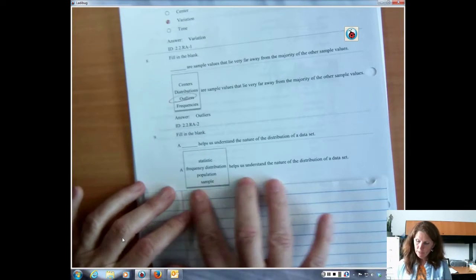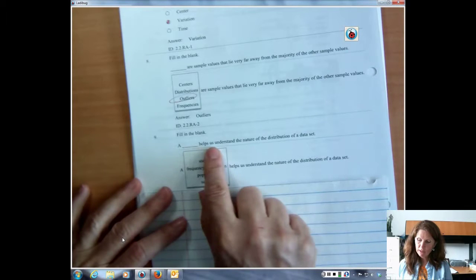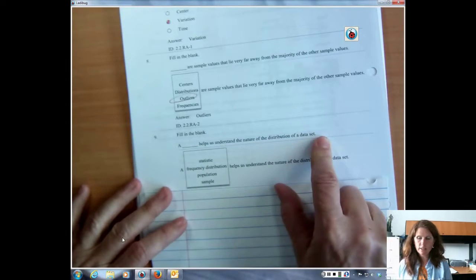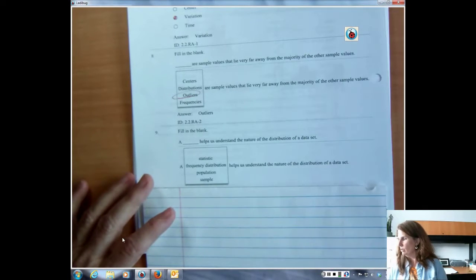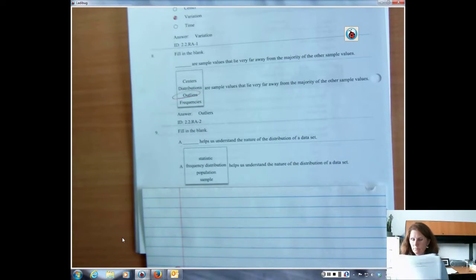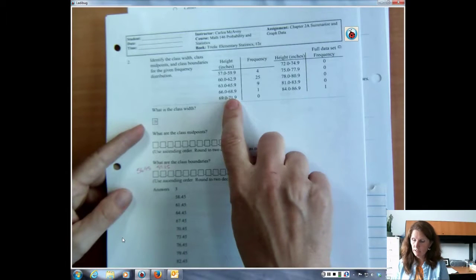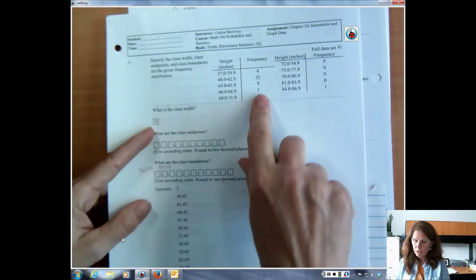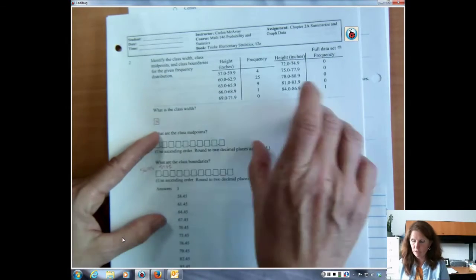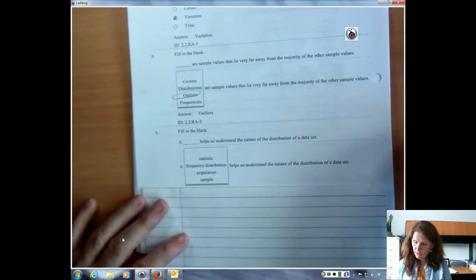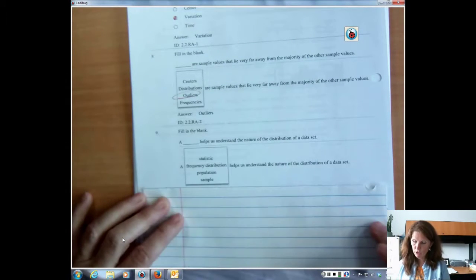Okay. A blank helps us understand the nature of a distribution of a data set. Well, when we're doing the things we did in the first couple of problems, where we have the classes and the frequency, those are frequency distributions. That's when we have the charts and everything broken up. So it helps us understand the nature of the distribution of a data set.